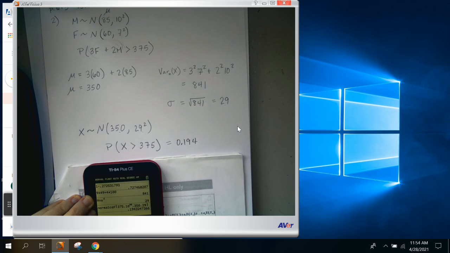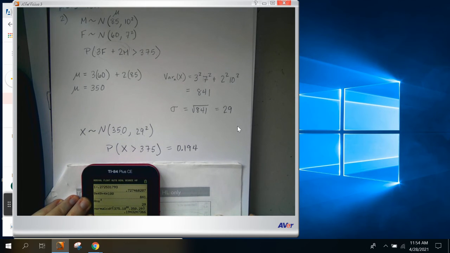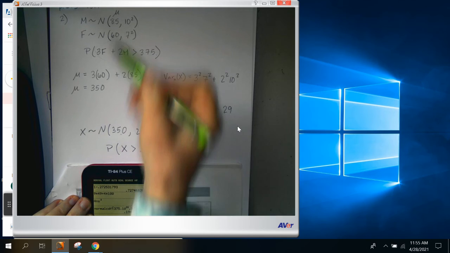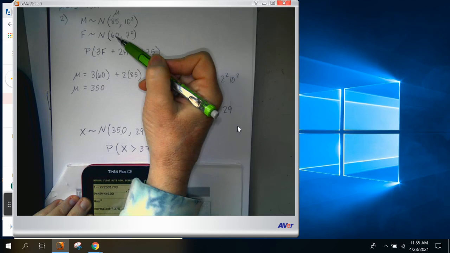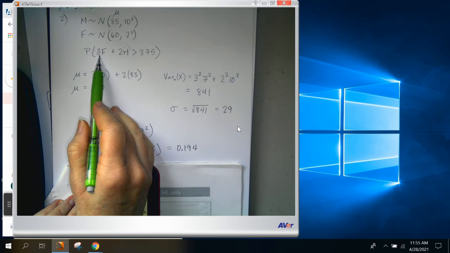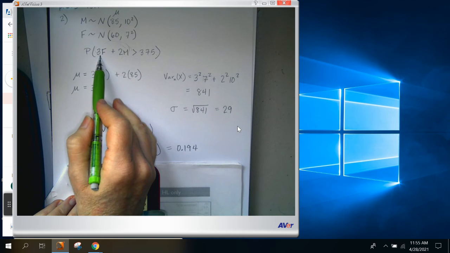The back of the book takes it to another decimal place, I think, but we always go with 3 significant figures. Okay, so this one was a lot more complicated. Notice what I did is I was using the formulas from the formula packet to help use my original averages, using my linear transformation, where I multiply them.